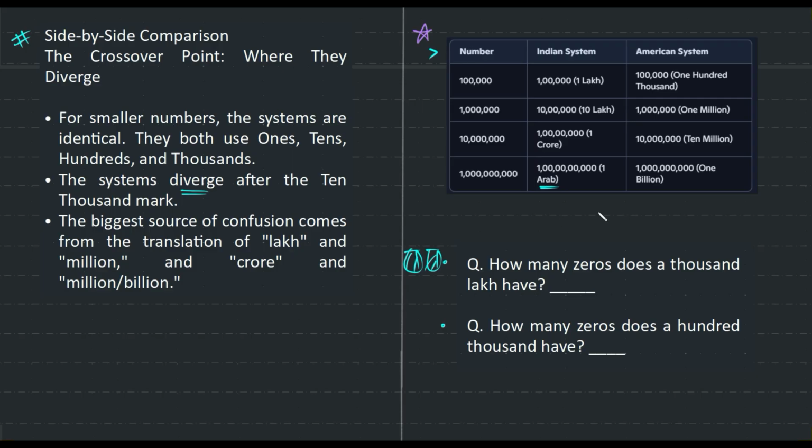Okay, guys. How many zeros does 1000 lakh have? Let's go to lakh. This is our thousand, this is our lakh.